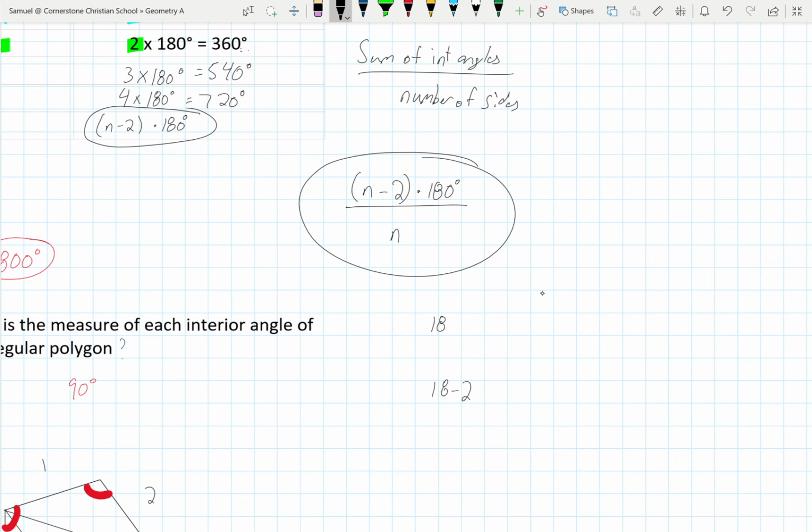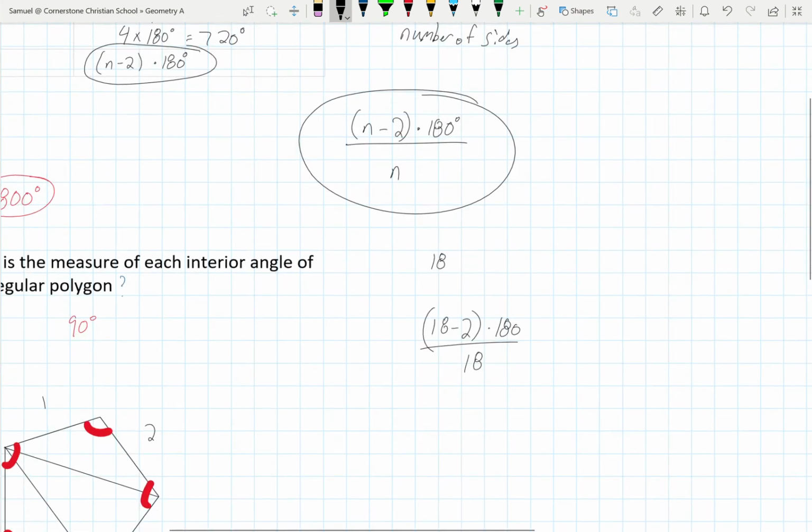So 18 minus 2 times 180 divided by 18. 18 minus 2, 16, times 180, divided by 18. So I have 2,880 degrees divided by 18.